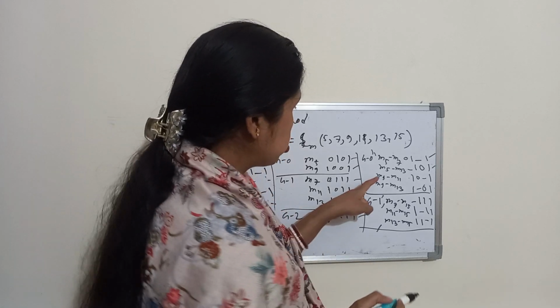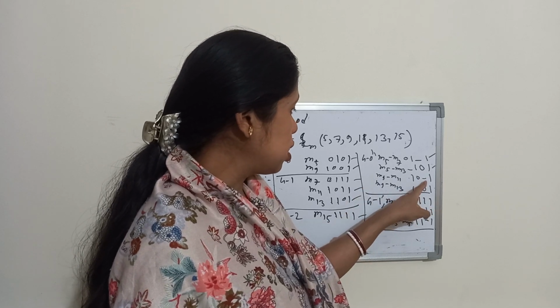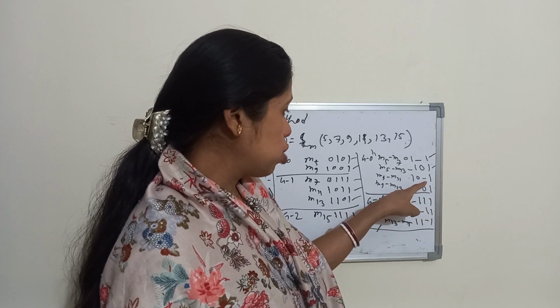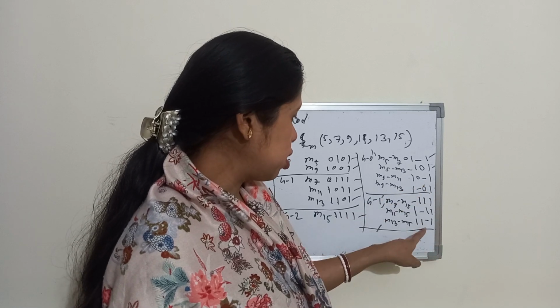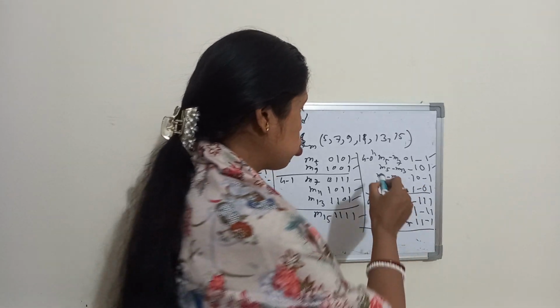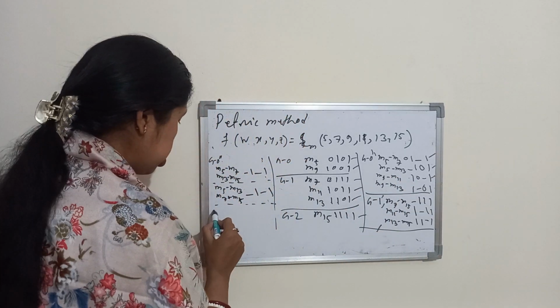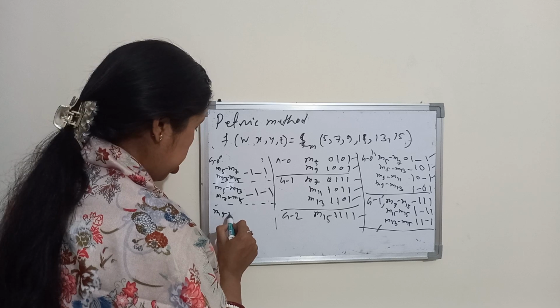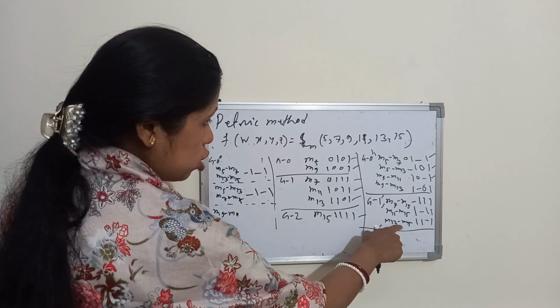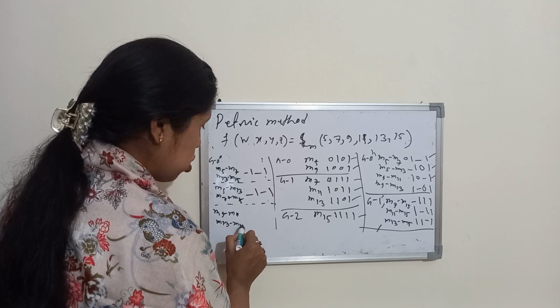Now next group. Next I will compare this with this, all the three. Here again I can see the third position dash is there, right? So where in this group is the dash in the third position? Again this is compared with this one. So it is M9, M11 with M13, M15.